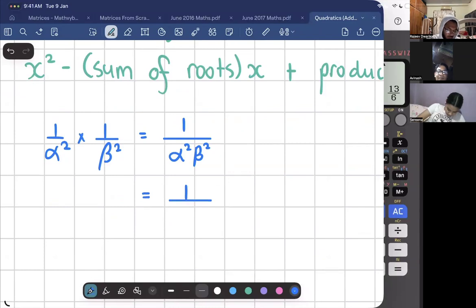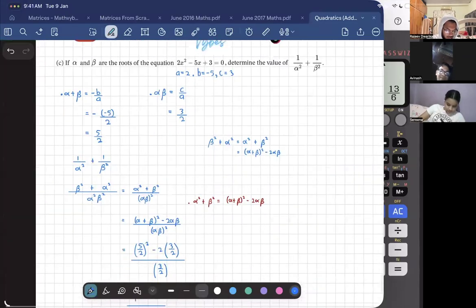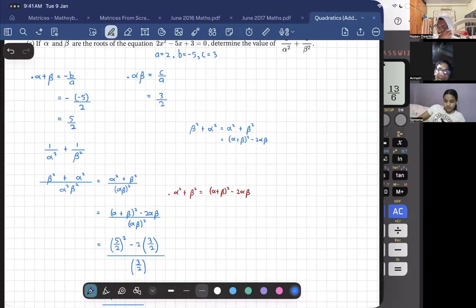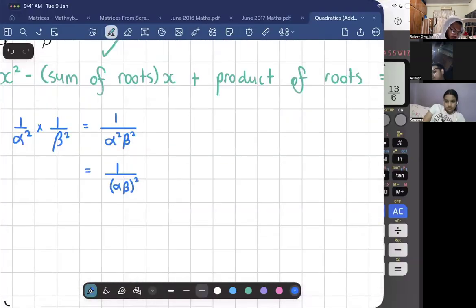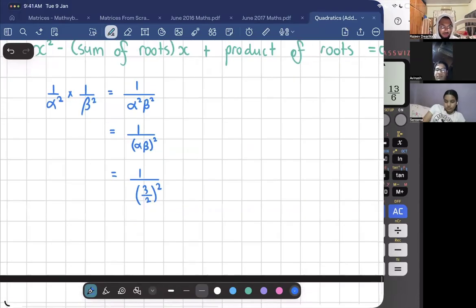So I could write that as 1 all over alpha beta in brackets squared. Do I know what alpha beta is equal to? Alpha beta was equal to 3 over 2. So that's going to be equal to 1 all over 3 over 2 squared.